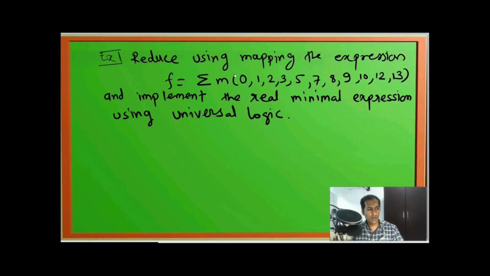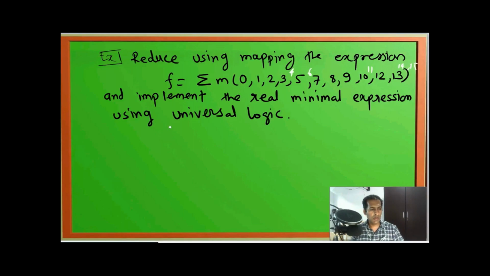In this expression we have 1, 2, 3, then 4 is missing, then we have 5, 6 is missing, then 7, 8, 9, 10, 11 is missing, then 12, 13, 14 and 15.